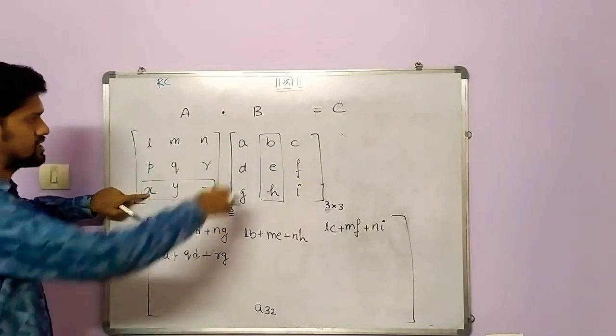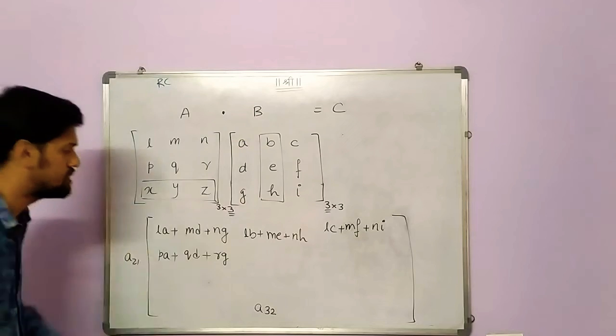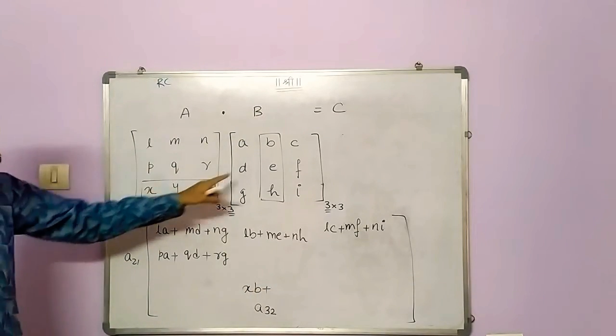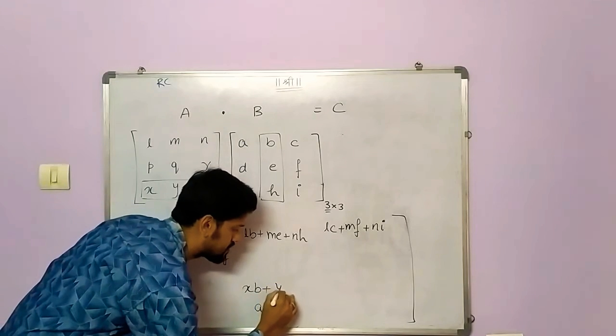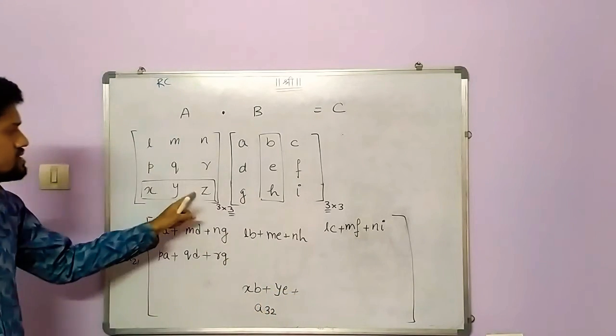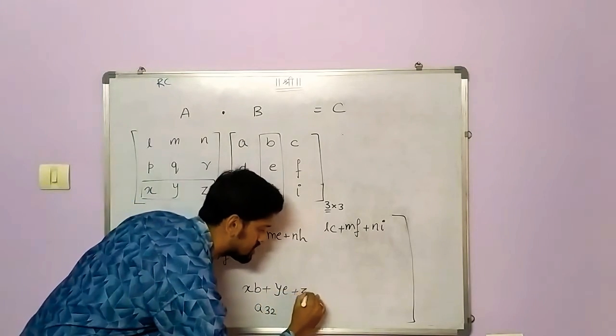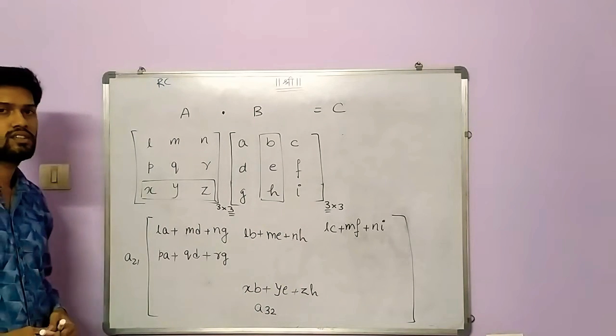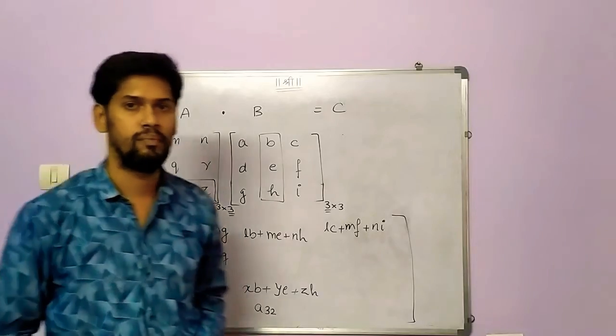So we will multiply corresponding elements, so it will be X into B plus Y into E plus Z into H. This is the method of multiplication of matrices.